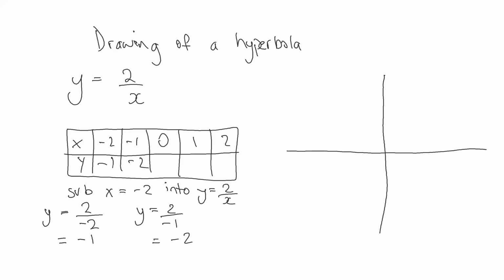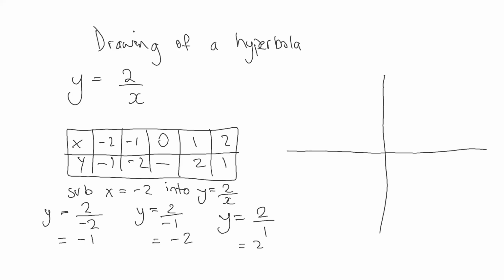And if I put in 0, you can't actually divide by 0, so that's not accurate. There's no answer for that, so there's no value. You put a dash there, and then for x equals 1, y is equal to 2 over 1, which is 2, and then obviously the other one's going to be 1.